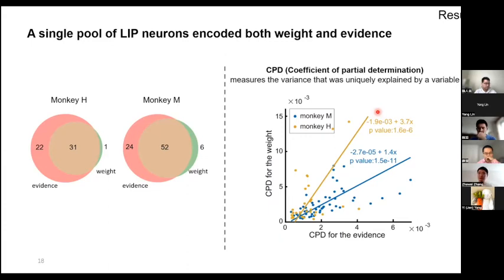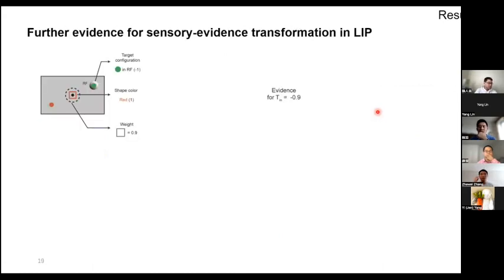So this evidence suggests that a single pool of LIP neurons encodes both weight and evidence. We know that the shift weight alone is not enough to compute evidence for an eye movement decision.